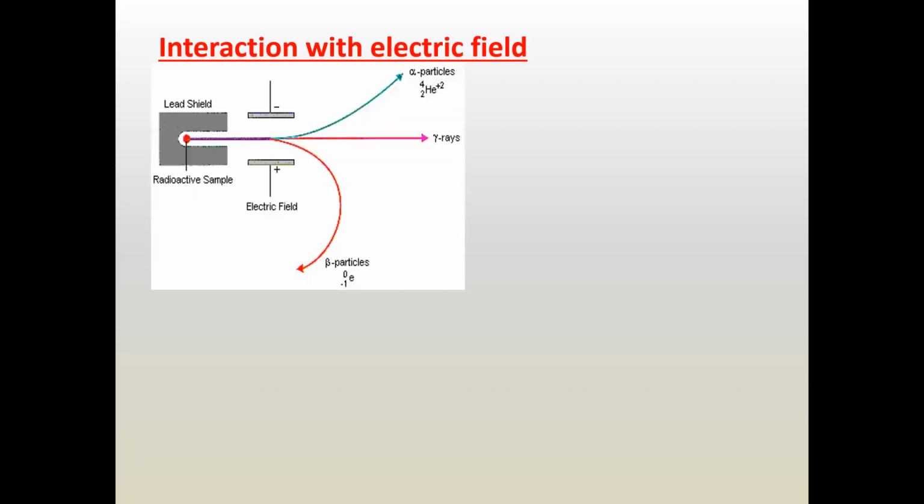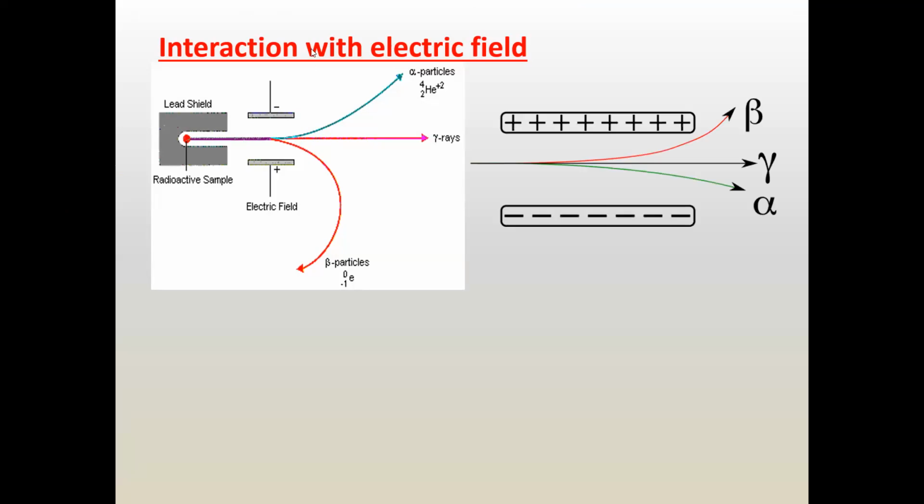Then interaction in an electric field, how these radiations interact in the electric field. As you can see, if we have electrodes, one is positive, another one is negative. The charge of the alpha is positive, the charge of the beta is negative, and gamma is neutral. The negative plate is up and the positive plate is down.